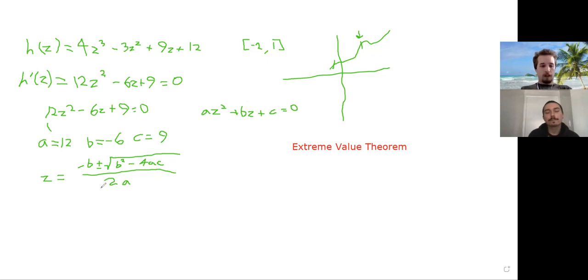So when we plug in, we get negative times -6. -6 squared is 36. Minus 4. A is 12. C is 9.